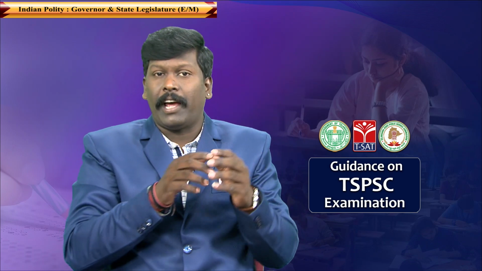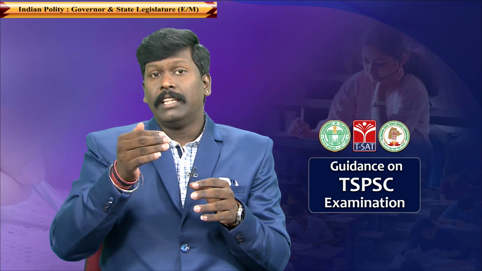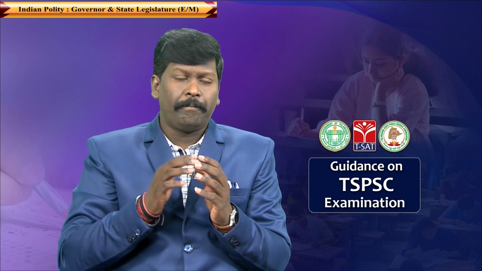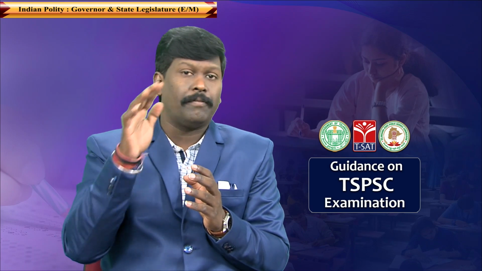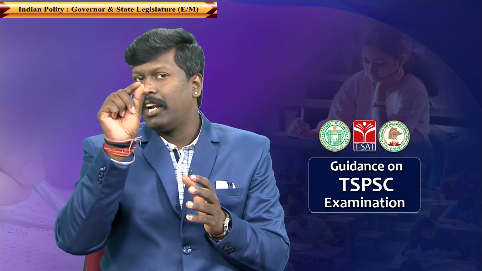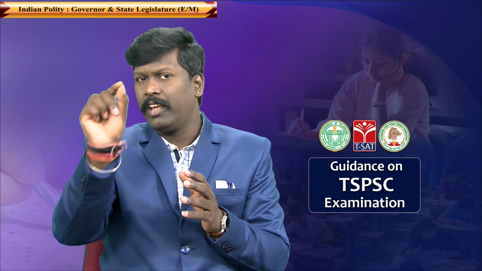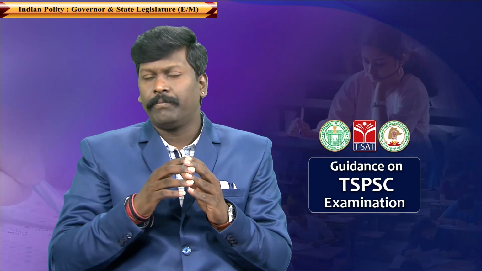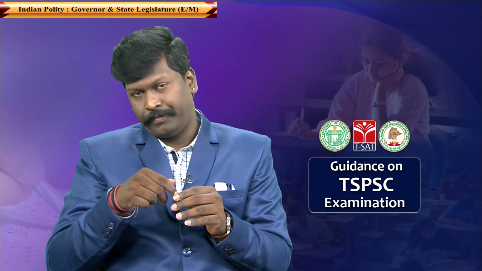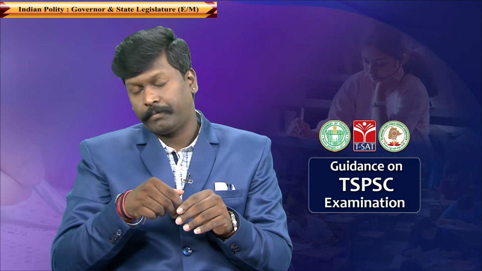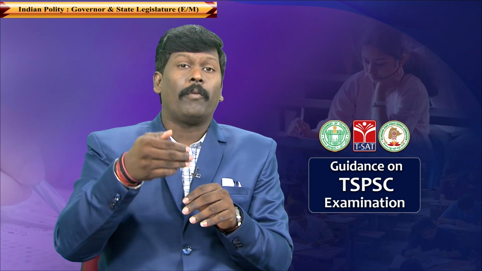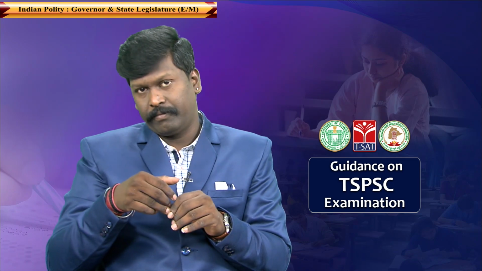in normal time, the Governor has the authority to promulgate ordinance on the state list subjects under Article 213 of the Constitution. Article 213 authorizes the Governor to promulgate an ordinance.